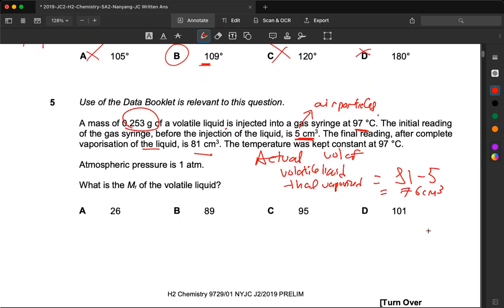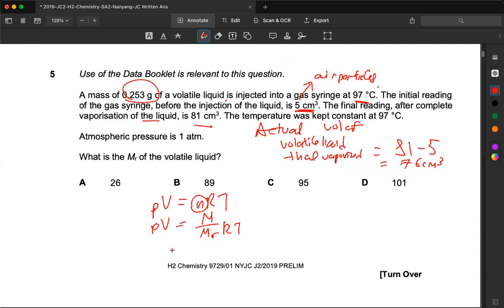Now you plug in the formula PV = nRT. Mr is the subject, so you convert n to mass over Mr. Later take note of the units. So put Mr on this side to make it the subject of the formula: Mr = mRT/PV.